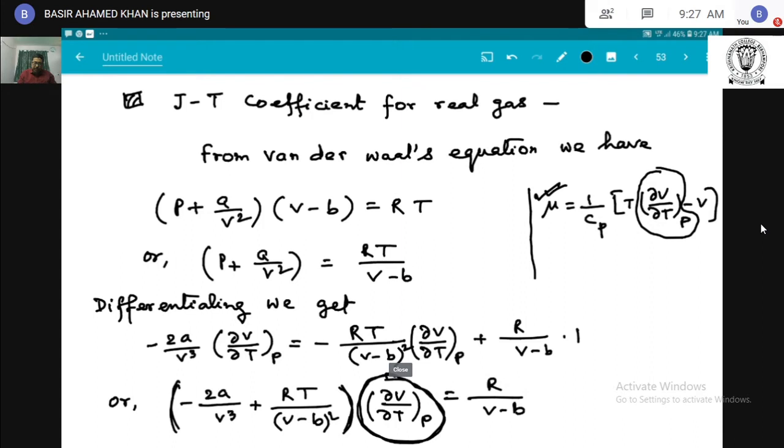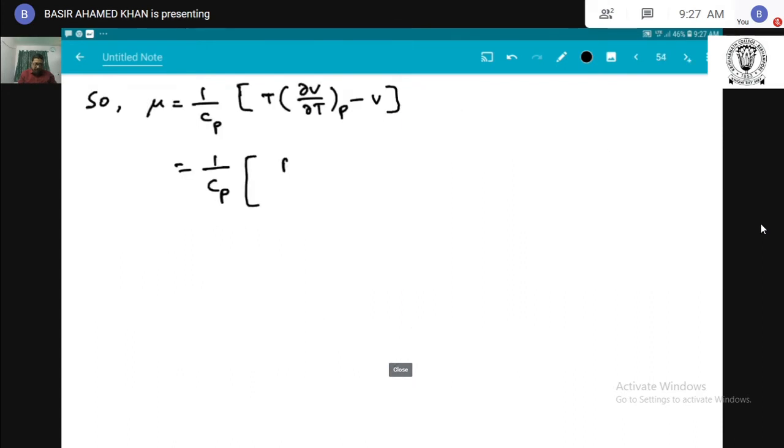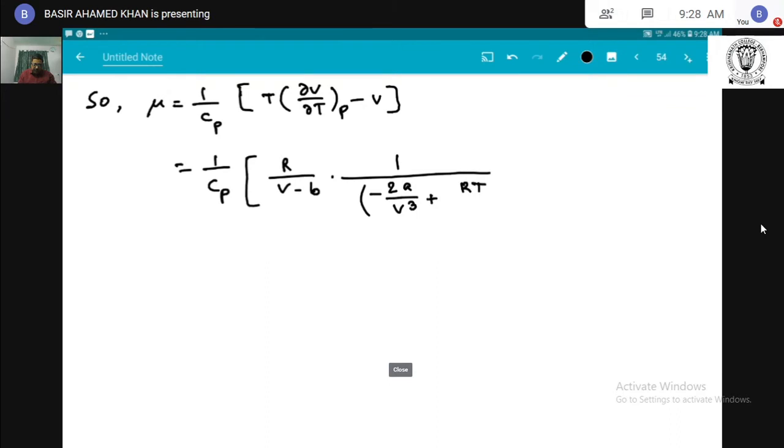So it will become R/(V − b) into 1 over [−2a/V³ + RT/(V − b)²], minus V, right?